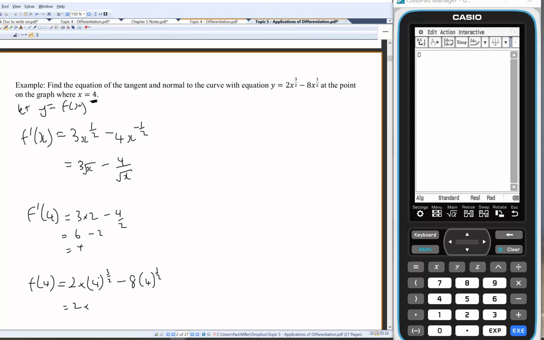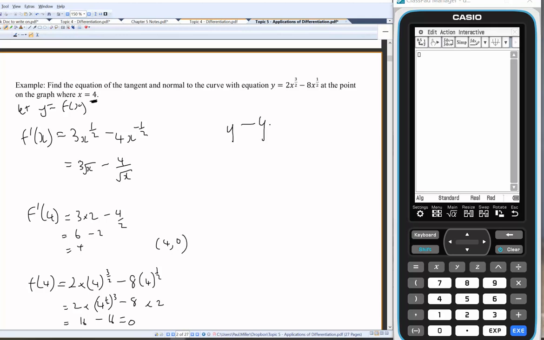This is the same as 2 times (4 to the half) to the 3, take away 8 times 4 to the half. 4 to the half is 2, 2 to the power of 3 is 8, 8 twos are 16, take away 16 equals 0. So on the original function, when x is 4, y is 0.